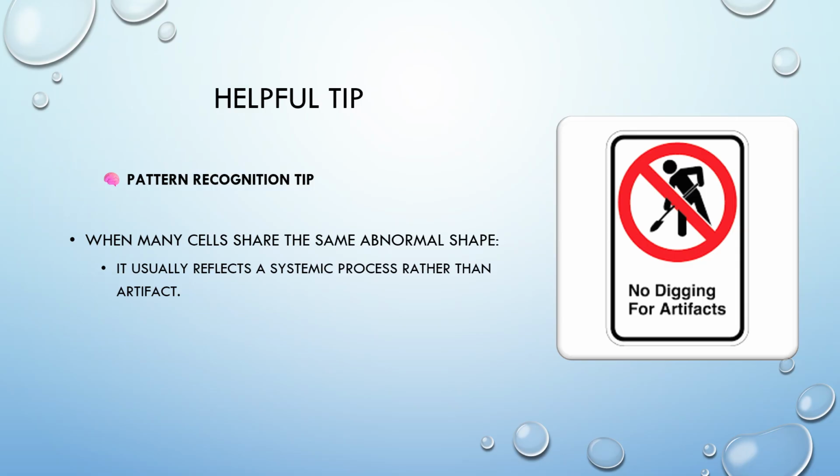So rather than hunting for a single unusual cell, which we jokingly refer to as digging for artifacts, focus on identifying repeating morphologic trends. If the same abnormal shape keeps appearing across multiple fields of view, your brain should start asking the next important question. Why are so many cells changing in the same way? That question is often the first step towards connecting smear morphology with underlying pathophysiology.